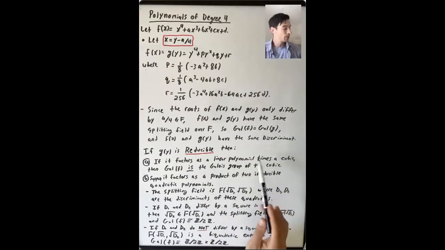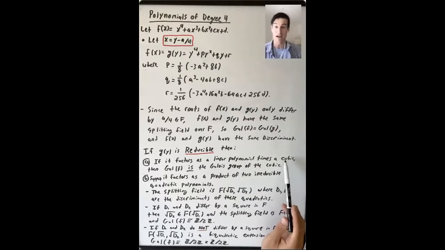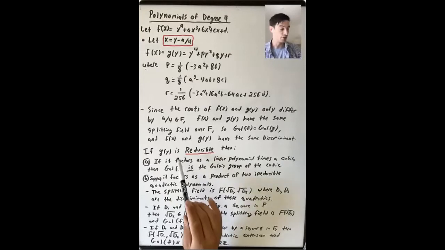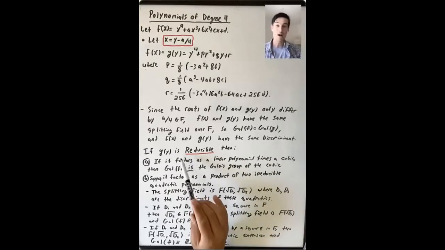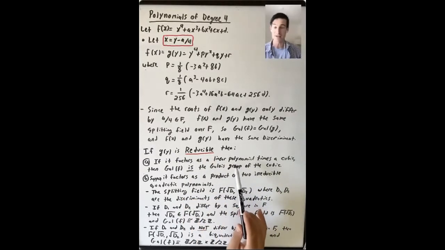So the splitting field of g of y over F is the splitting field of this cubic factor over F. So the Galois group of g, which is the Galois group of f, is the Galois group of this cubic factor. And what is the Galois group of this cubic factor? That's something that we analyzed in detail earlier in this lecture. Okay, so now we understand what happens when g has a linear factor.